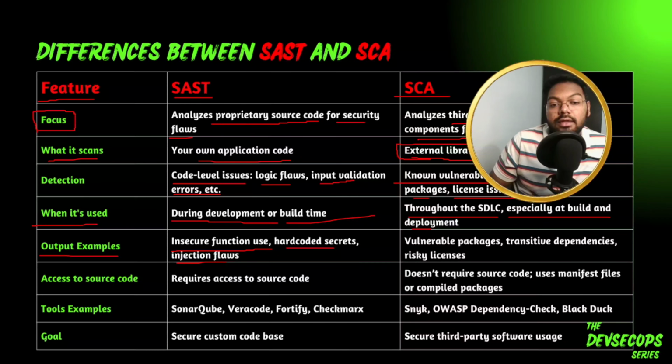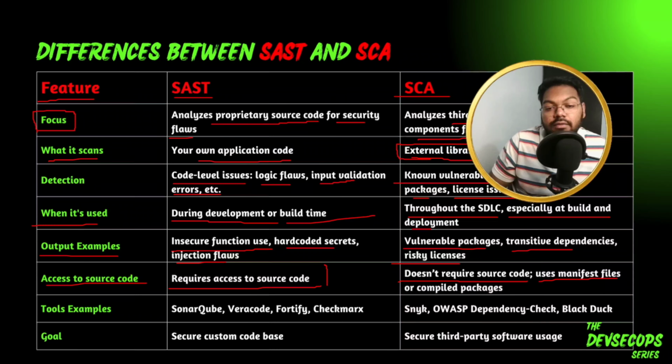Now what would SCA give? SCA would give vulnerable packages, transitive dependencies, and risky licenses. So these are the three things you need to keep in mind: packages, dependencies, and licenses. This is what it will scan for and give you as output, highlighting whatever vulnerabilities are there in the packages. Now access to source code: SAST requires access to source code. SCA doesn't require access to source code.